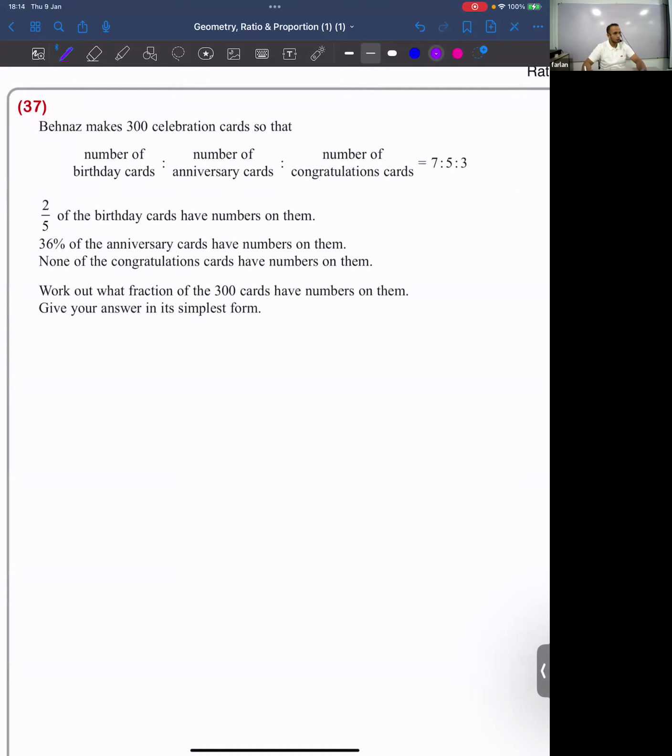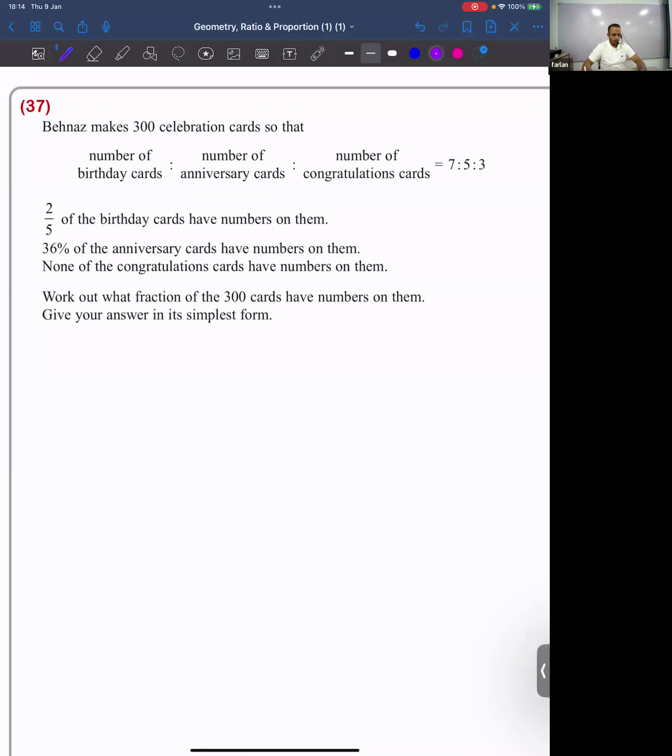Right, let me first find the number of cards. Birthday cards we have 300 into 7 over 15, because it is 7 to 5 to 3. 7 portions of birthday cards, and the total is 7 plus 5 plus 3 is 15.